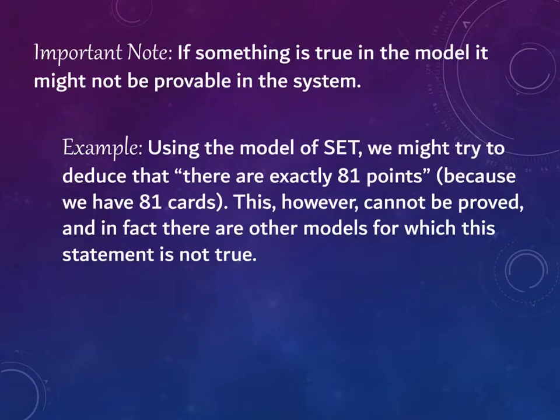There are other interpretations that do not have 81 points, but they still satisfy my incidence axioms. So just because there's a true statement about the game of set doesn't mean that makes it true in every model of incidence geometry. And to show you that, I'm going to create something right away that's not going to have 81 points.